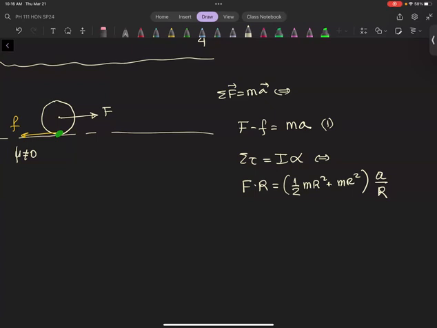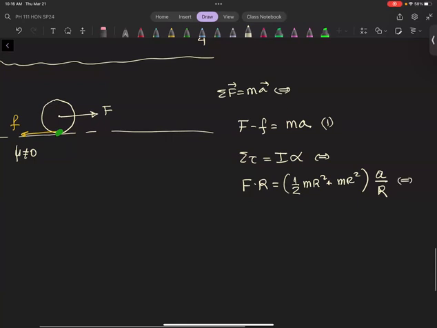You do the algebra and you find out that the R's cancel out and you end up with force equals 3/2 mass times acceleration. Equation 2. Everything else canceled. I mean, the R's cancel out. We good?